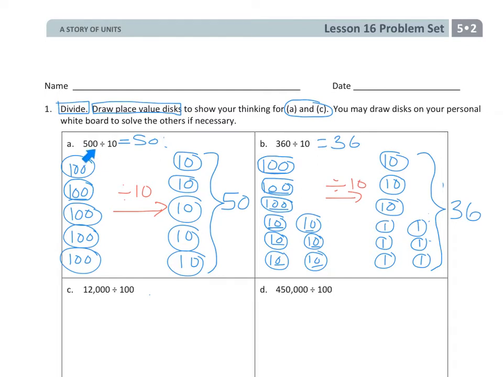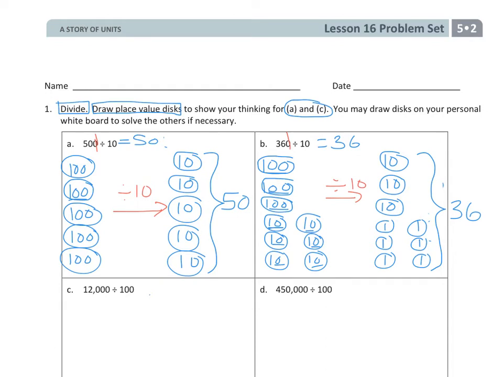So let's quickly go back to A and say, what happened to our division problem and our answer? Can we see any patterns at all between 1A and 1B? Because in 1A, we have the answer of 50, and in 1B, we have the answer of 36. It looks like from 500, we took away 1 zero to get 50, and from 360, we took away 1 zero to get the answer 36.